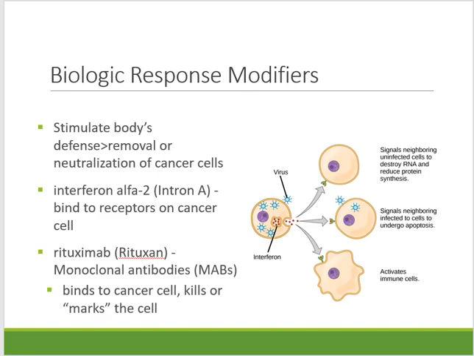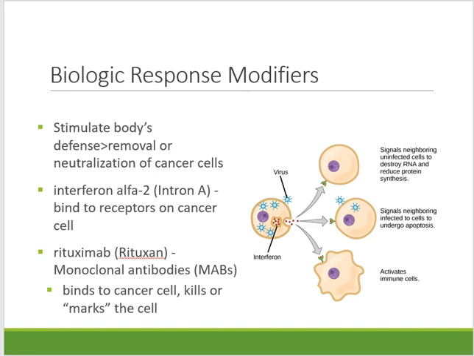So this picture on the side is showing what your normal body does in response to a virus. You see that interferon is part of our cells, and it is released, and it does a couple of things. It tells uninfected cells to be aware of this virus and to destroy the RNA and reduce protein synthesis.